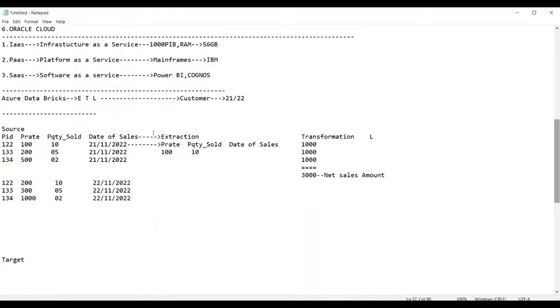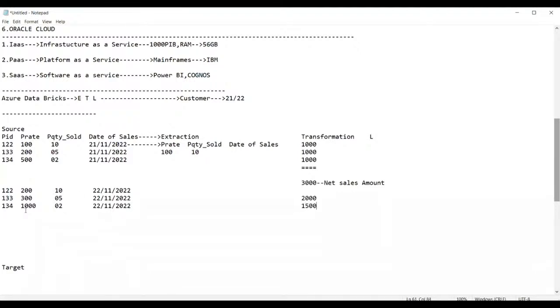So you are doing this under the process of transformation. Now, it is done for the 21st day. What about the 22nd day? Tell me, for the 22nd day, 200 into 10 means what? 2000. 300 into 5 means what? 1500.